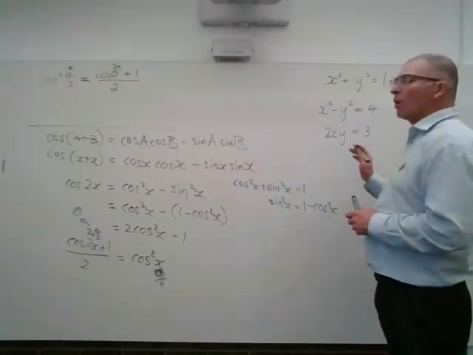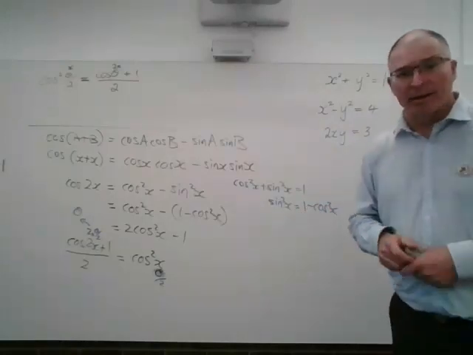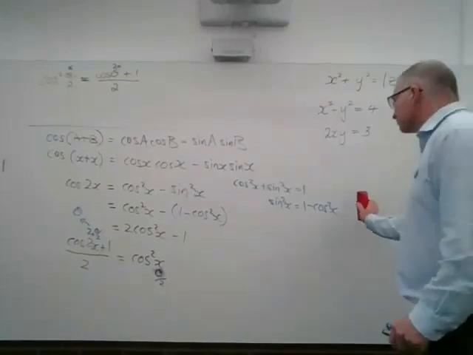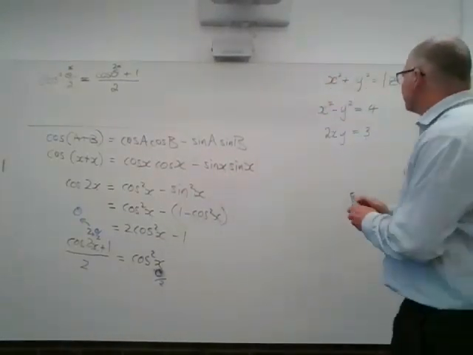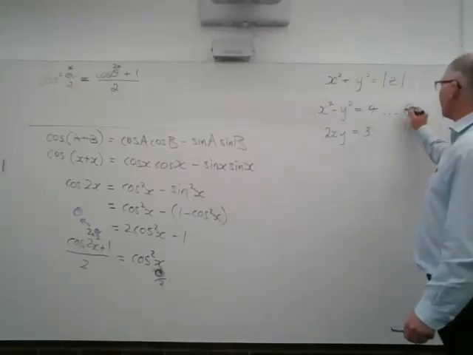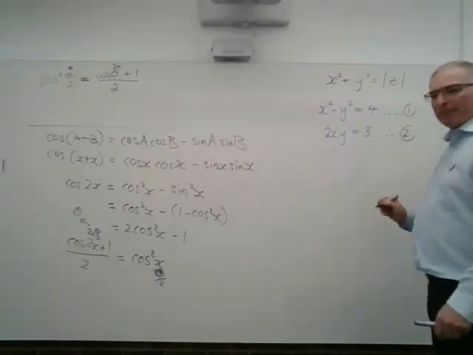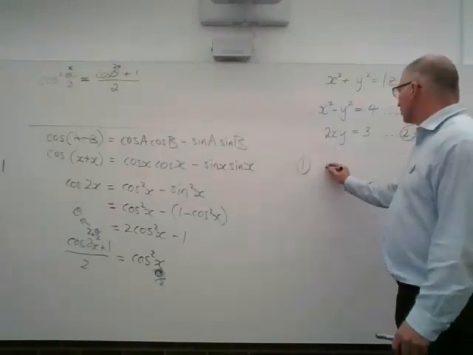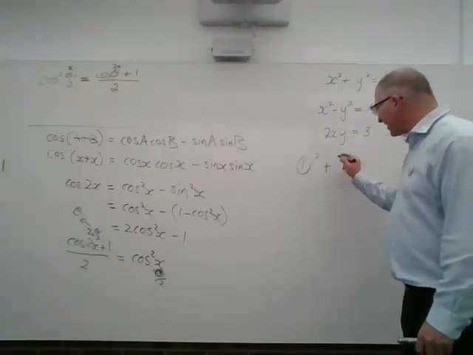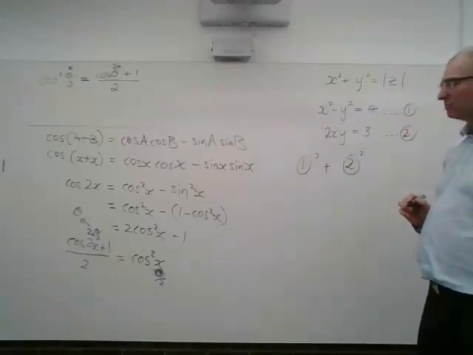I'm going to find what x squared plus y squared will be equal to. If I call that equation 1 and that equation 2, I'm going to actually not just add them together, but add together their squares.